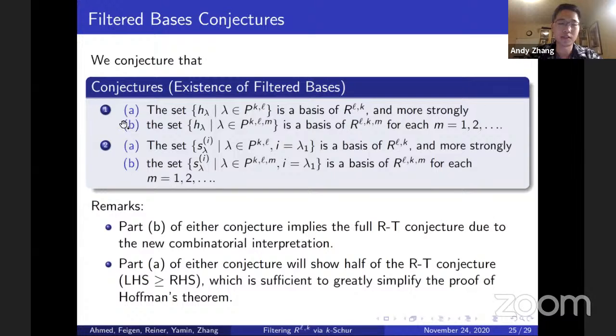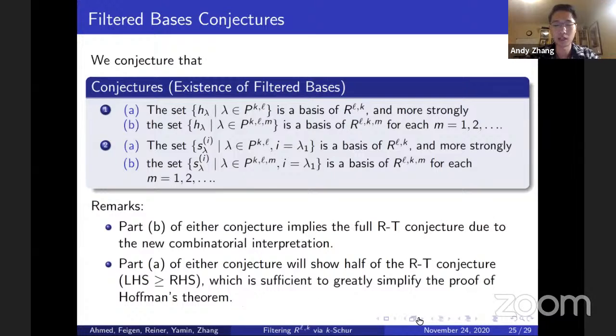So these two conjectures are separate, but equally powerful. Part B of either conjecture will imply the full R-T conjecture because of our new combinatorial interpretation. And part A of either conjecture is still strong enough to show half of the R-T conjecture because it sets an upper bound on the expression of the R-T conjecture.